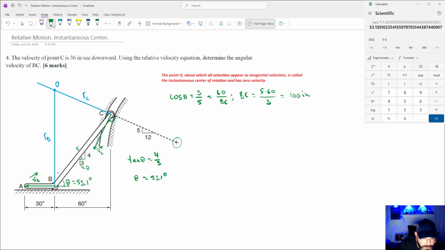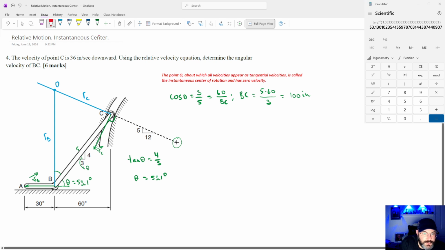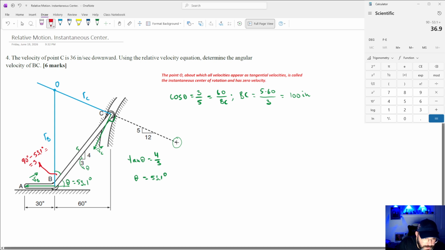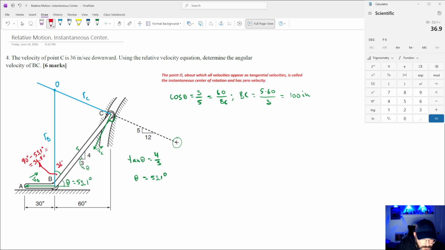So this angle is 90, which means this angle here is going to be 90 minus 53.1 degrees, which is 36.9 degrees.